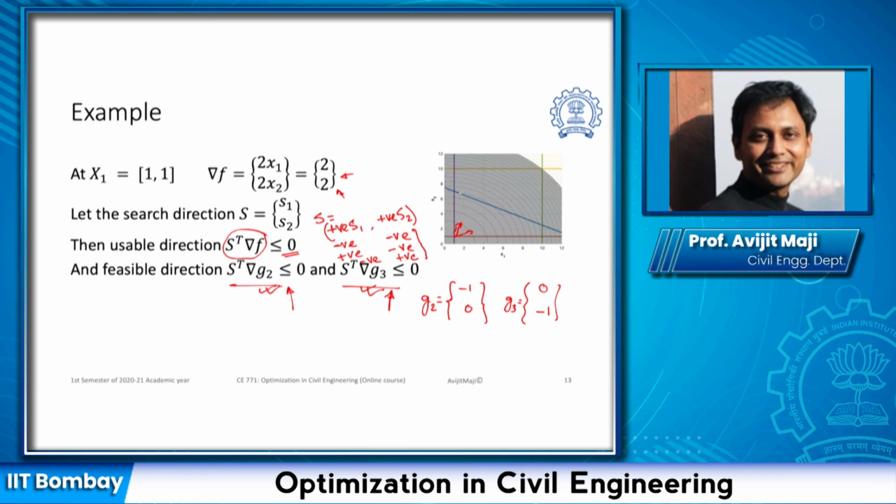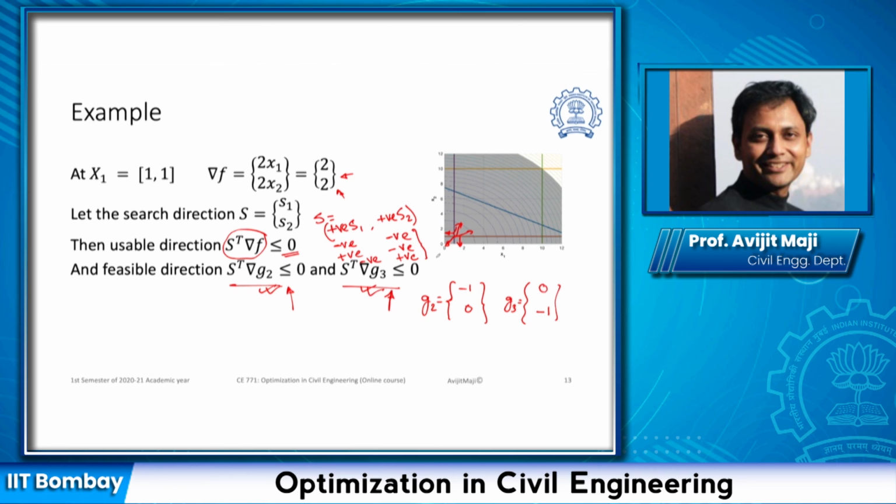So for example, if we want to move in this direction, my G2 constraint is violated. If we want to move in this direction, then my G3 constraint is violated, and if we want to move in this direction, both my constraints are going to be violated.